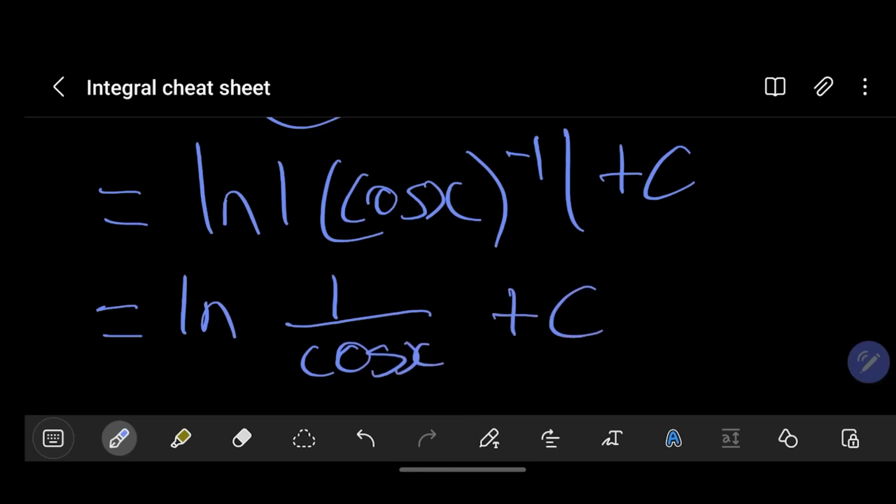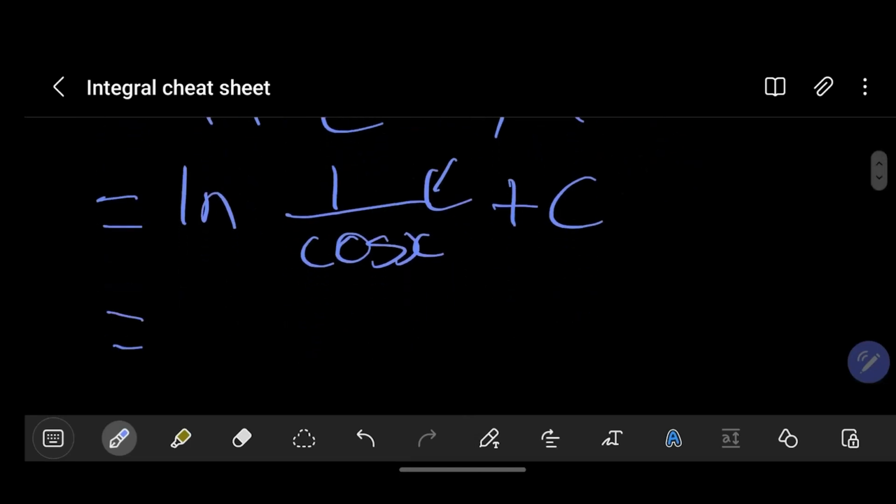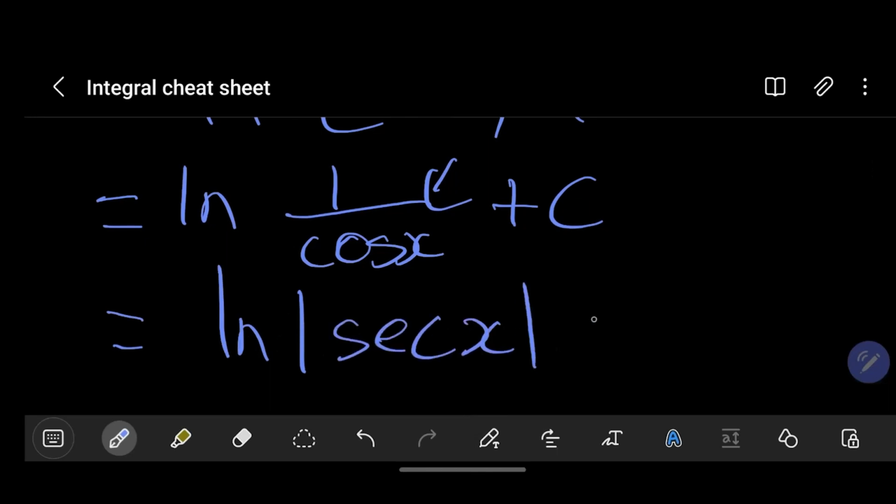And 1 over cos of x, so the inverse of cos of x, that's just equal to ln of sec x, or secant x, plus c. Okay, so this was basically a simple way of proving that the integral of tan of x dx is equal to ln secant x plus c.